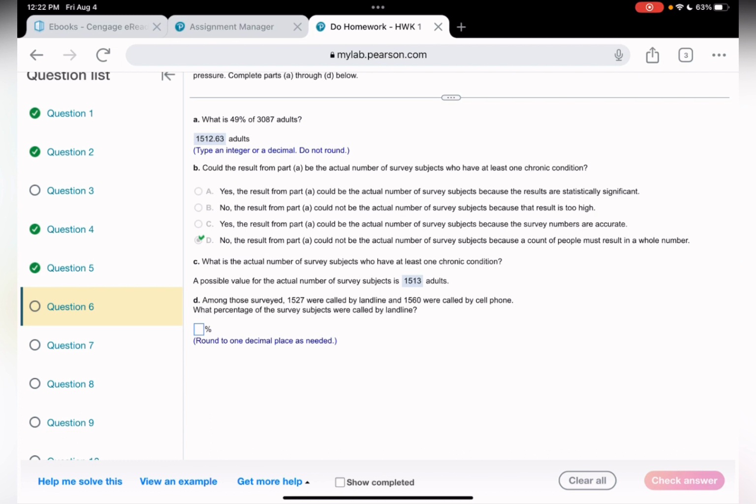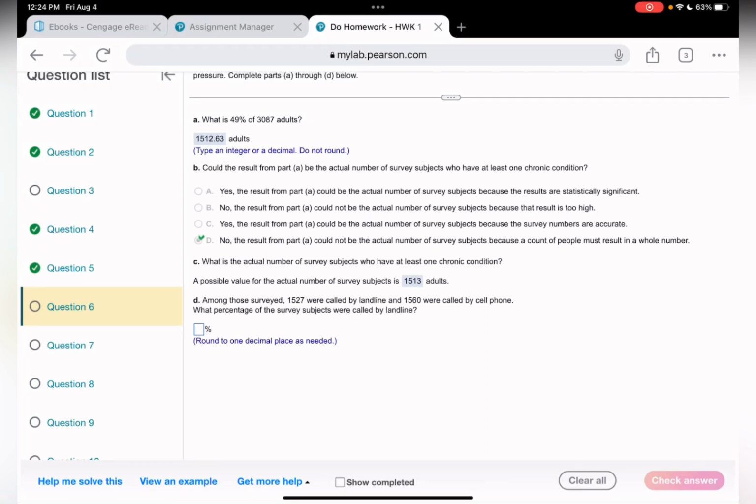So among those surveyed, 1,527 were called by landline, and 1,560 were called by cell phone. What percentage of the survey subjects were called by landline? So what are we going to do here?